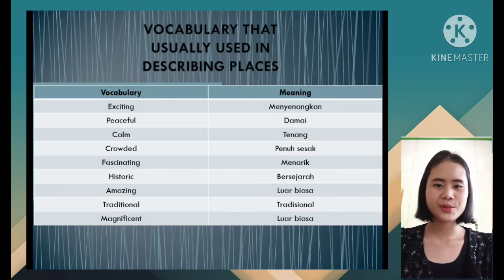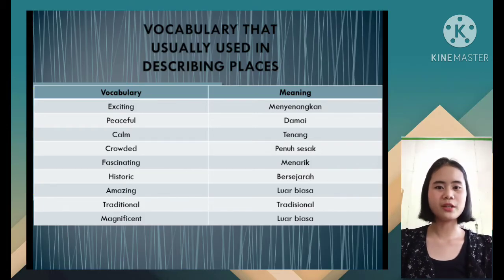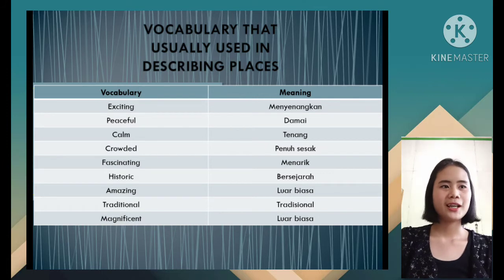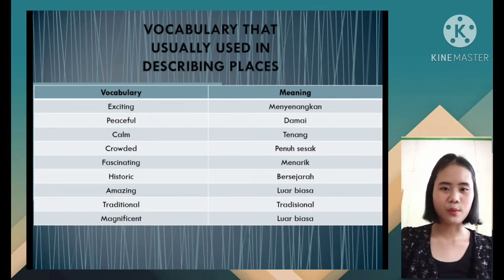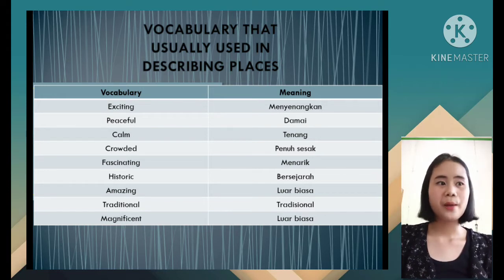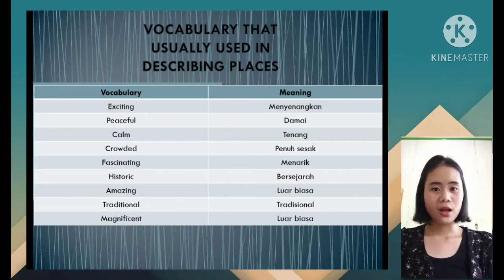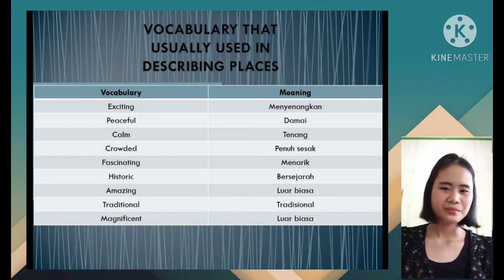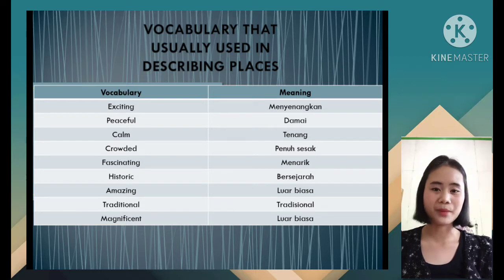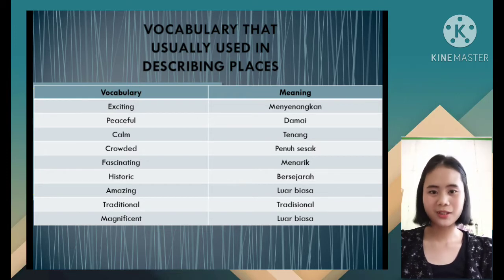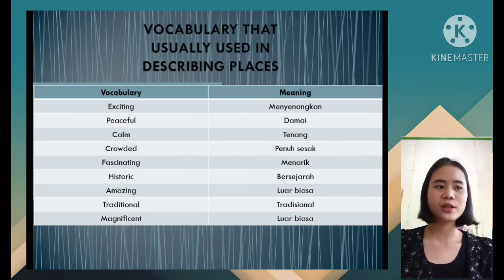Now we'll move to the vocabulary that is usually used in describing places. The first word is exciting, which means menyenangkan; peaceful, damai; calm, tenang; crowded, penuh sesak; fascinating, menarik; historic, bersejarah; amazing, luar biasa; traditional, tradisional; magnificent, luar biasa juga.